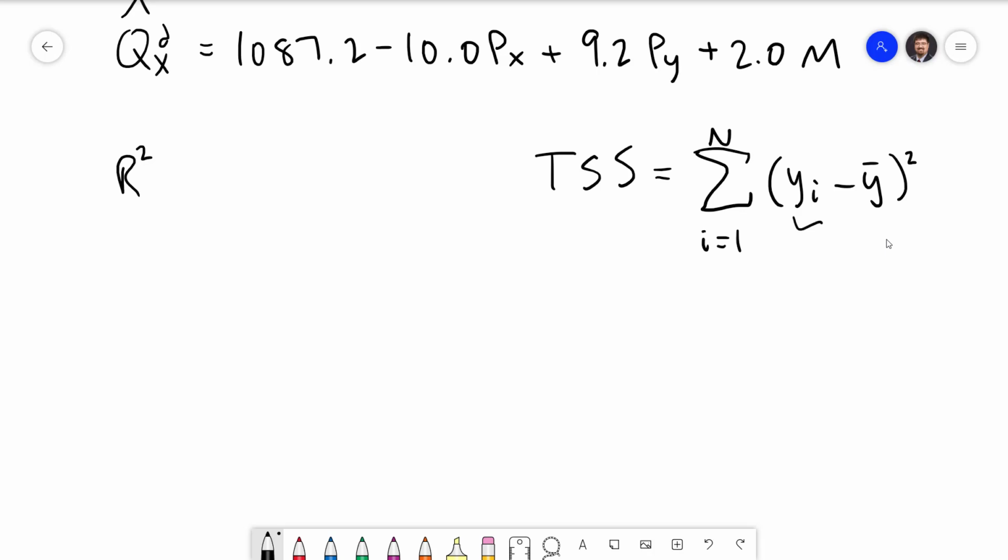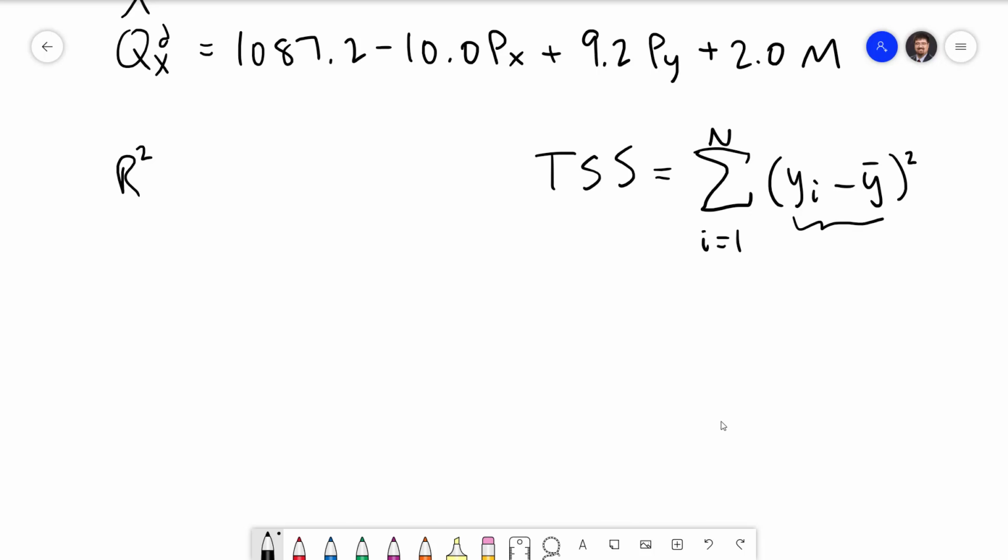Yi minus y bar is the difference between each individual y and the average. Remember that y bar is the sample mean. So how much does each one deviate from the average? That can be positive or negative, and then square those, making them all positive and adding all of those up. Notice that there are no beta hats anywhere in this equation. So the TSS is always the same, as long as the sample is the same. The actual regression coefficients don't affect this at all.